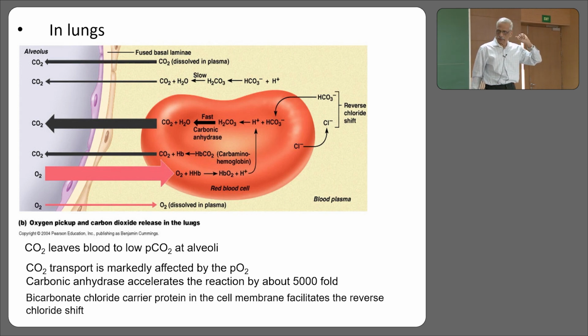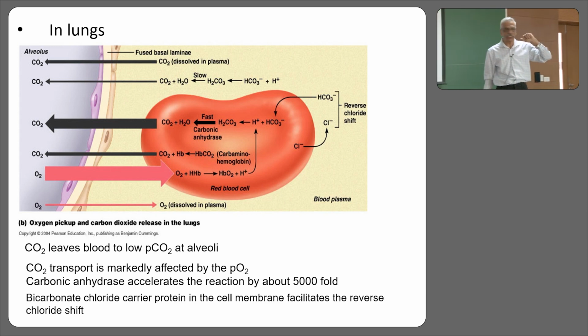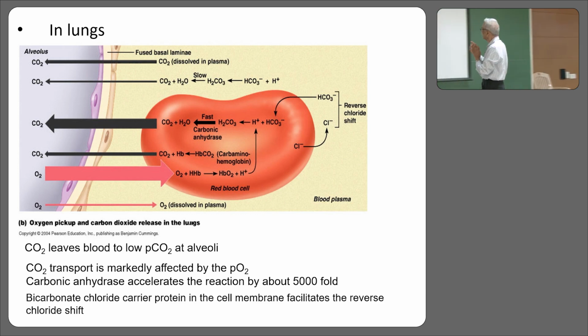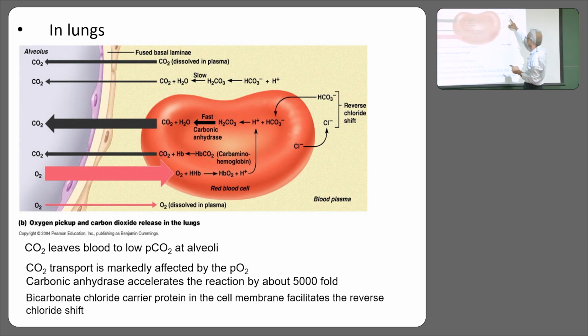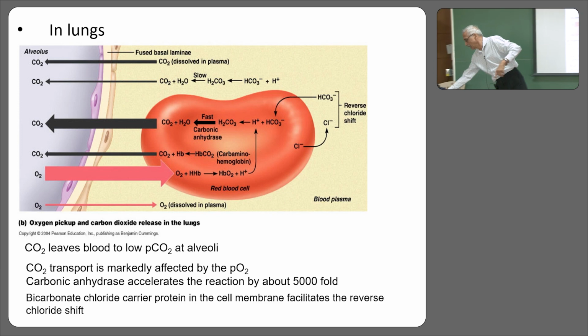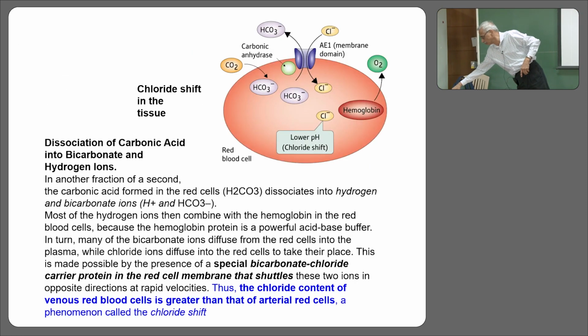So, what the cell does, I will tell you the rationale afterwards, is rapidly exchange the chloride ion, which is negative, for the bicarbonate ion, which is negative. So, there is no net charge, and an exchange happens such that the chloride ions come in and the bicarbonate ions go out.